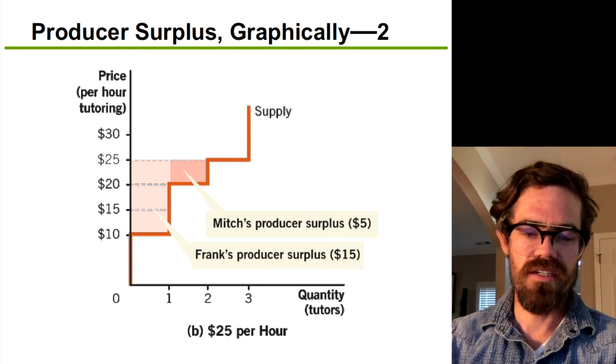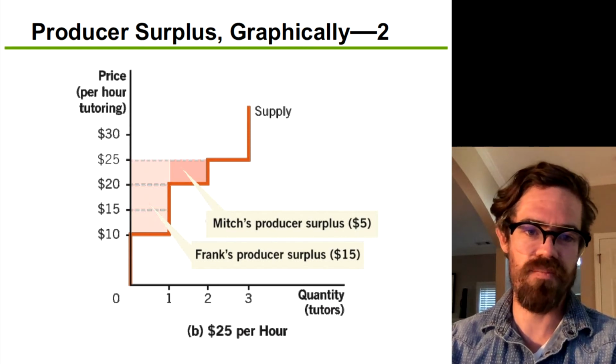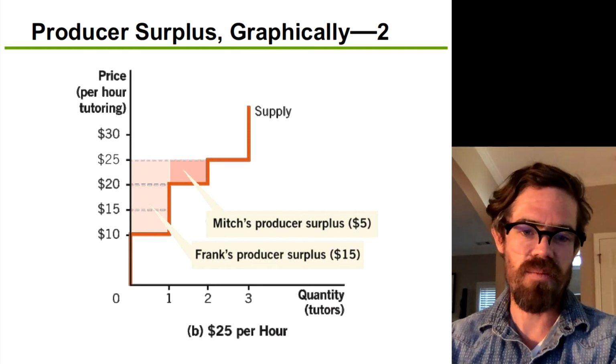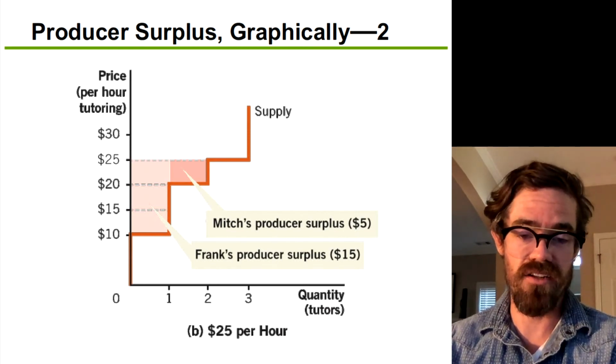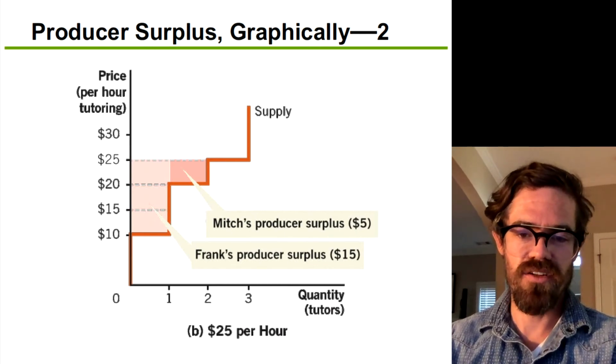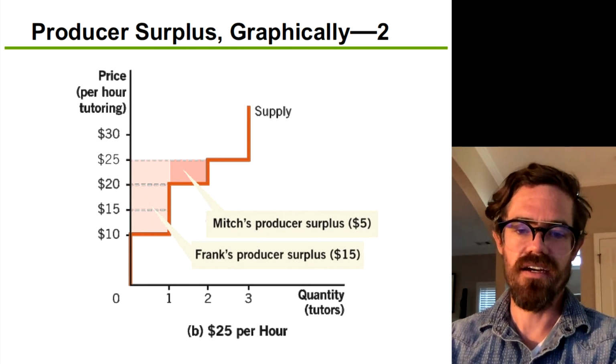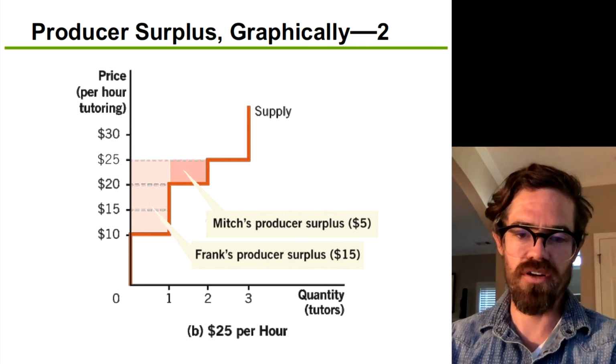Typically with supply, the minimum willingness to sell is basically the cost of production. So in this case, Frank's opportunity cost would be $10 an hour. Mitch's opportunity cost would be $20 an hour.